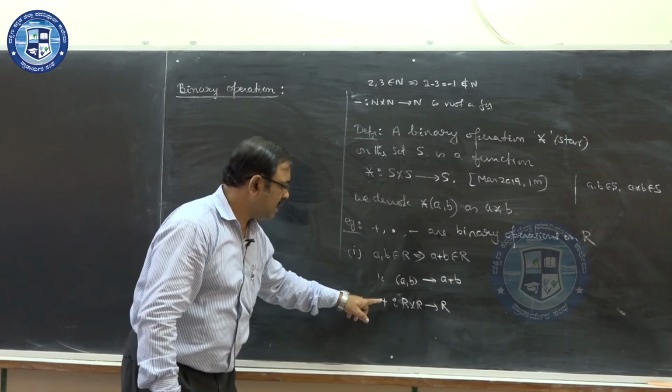So, it is nothing but plus from R cross R to R. Therefore, plus is a binary operation. So, addition is a binary operation.